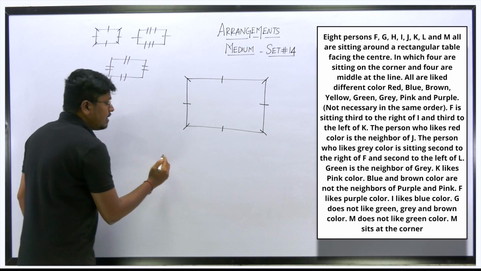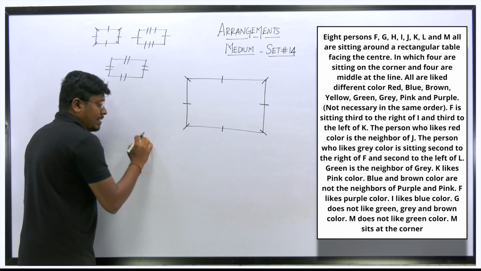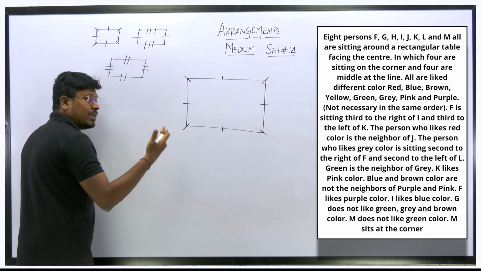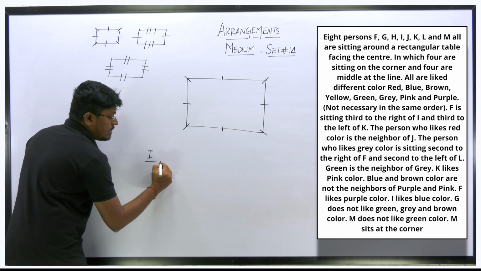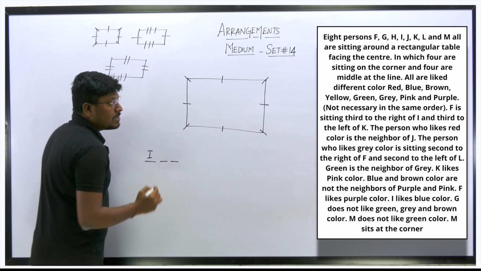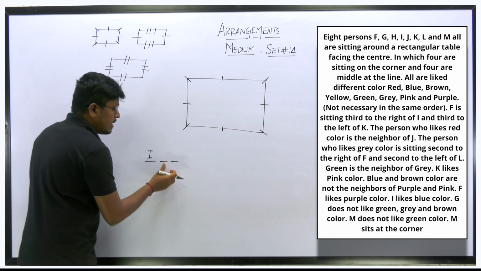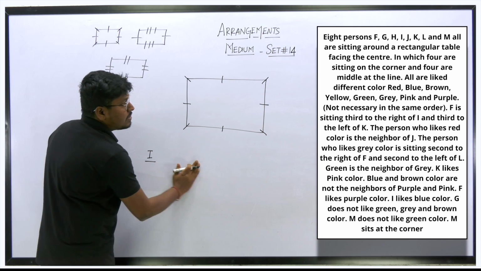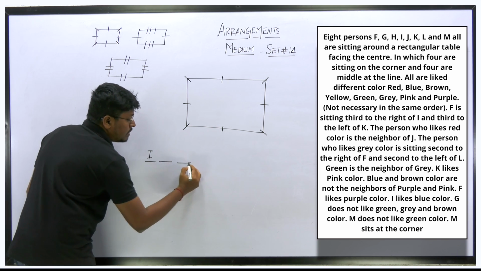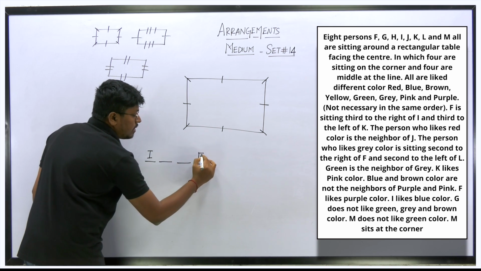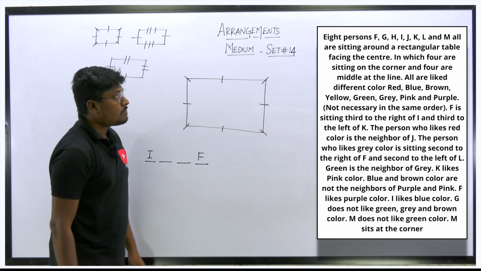What we can do is take it as a clue, as I have taught you in all the previous arrangements. I's right hand side, 1, 2, 3, at the third place, F is sitting.